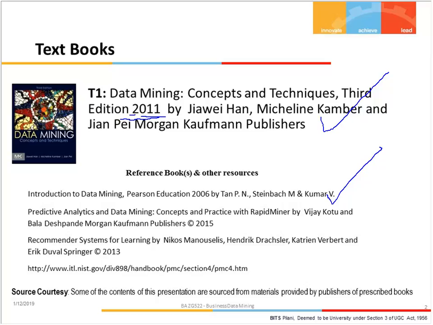So what you get is their edition, which is expensive. This T1 you can get for 500-600 rupees, but the second edition of this one will cost, as of today, 3,000. But even the first edition should be good enough for what we cover.